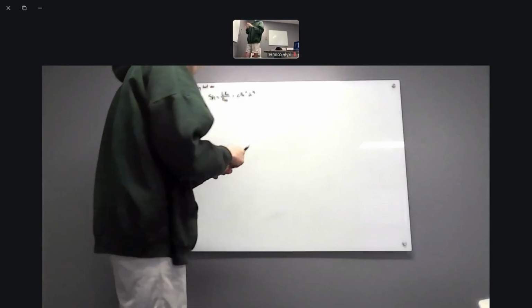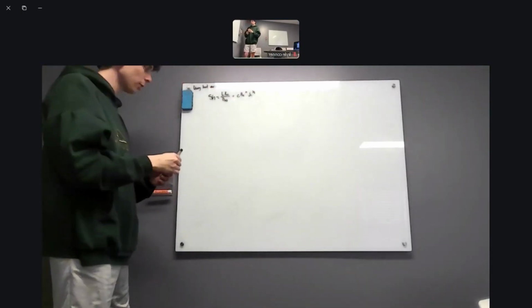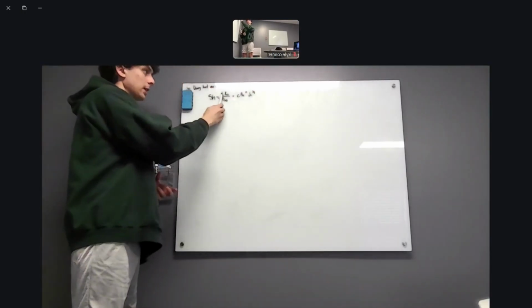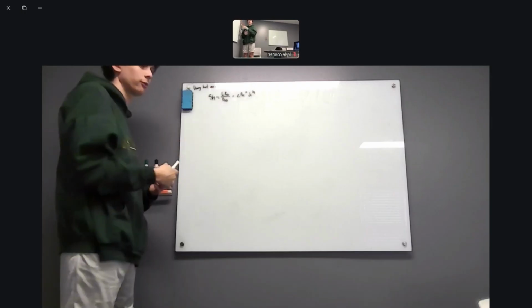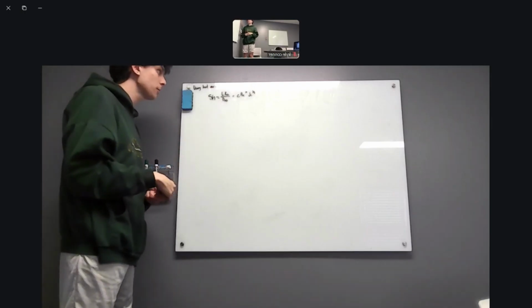So just for clarification, we have the Sherwood number is equal to the length times the mass transfer coefficient divided by the diffusion coefficient of A diffusing into B.